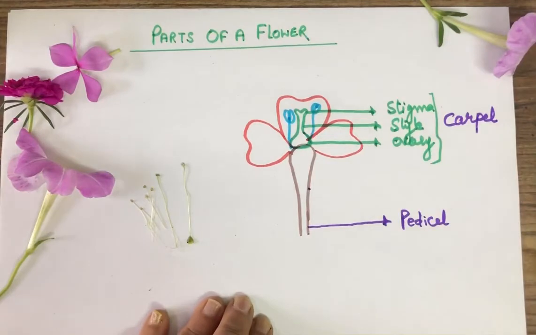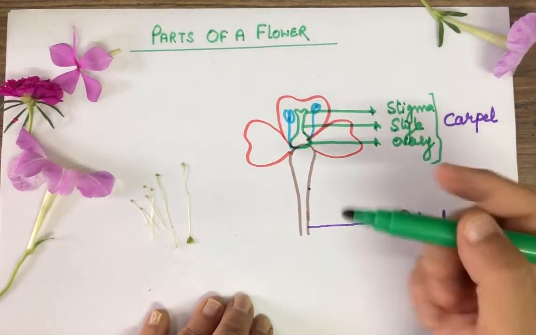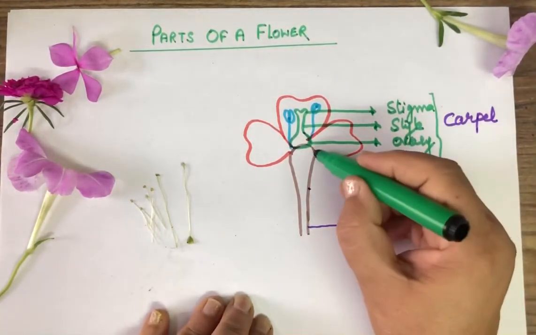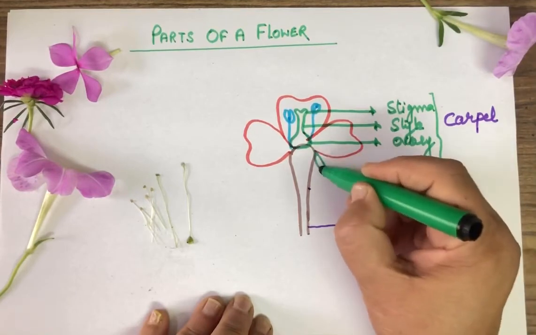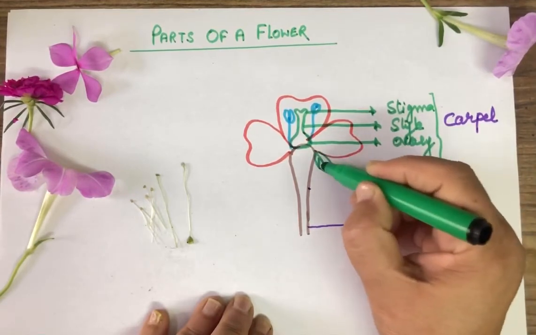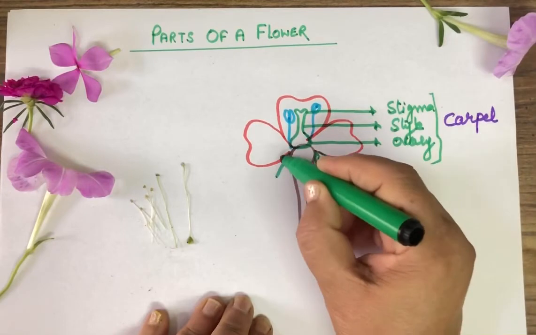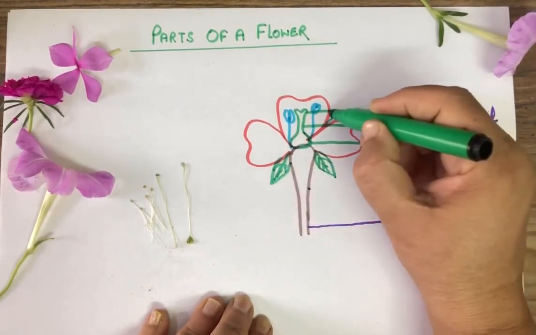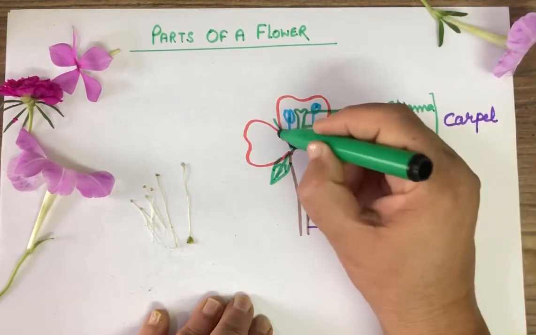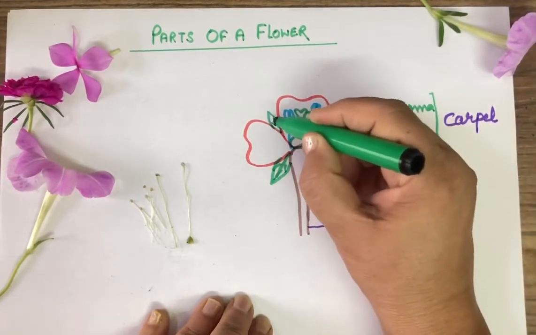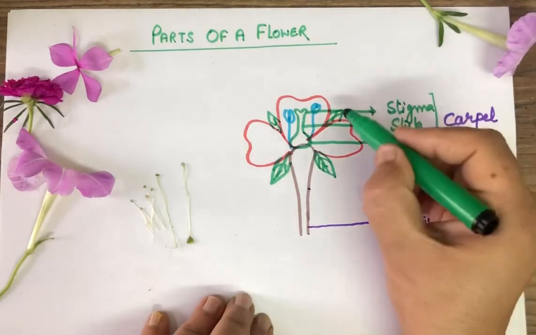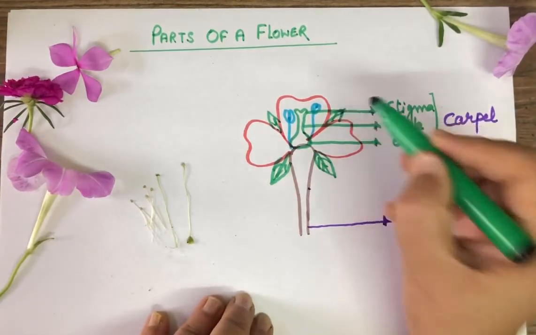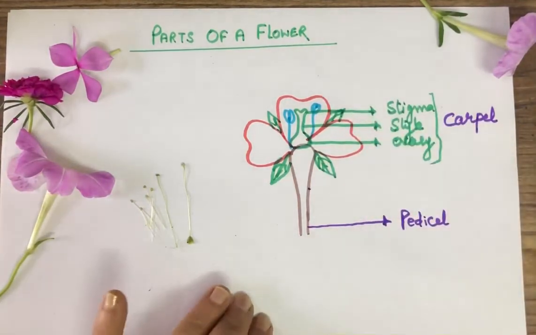Now one part left, that is the sepals. You can draw like this. Now it became a symmetrical diagram.